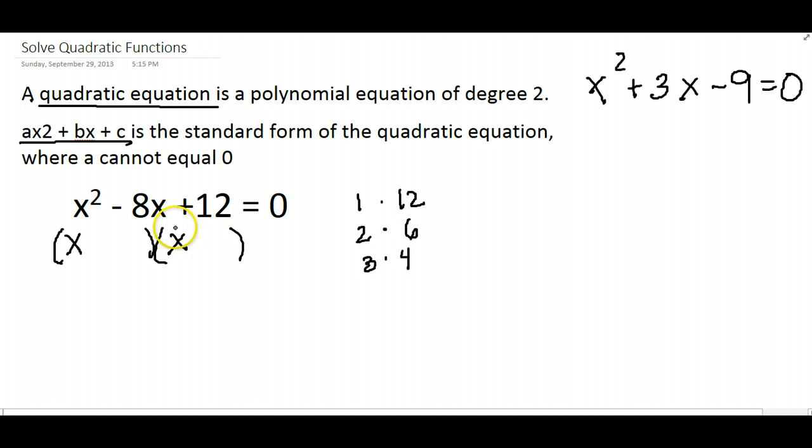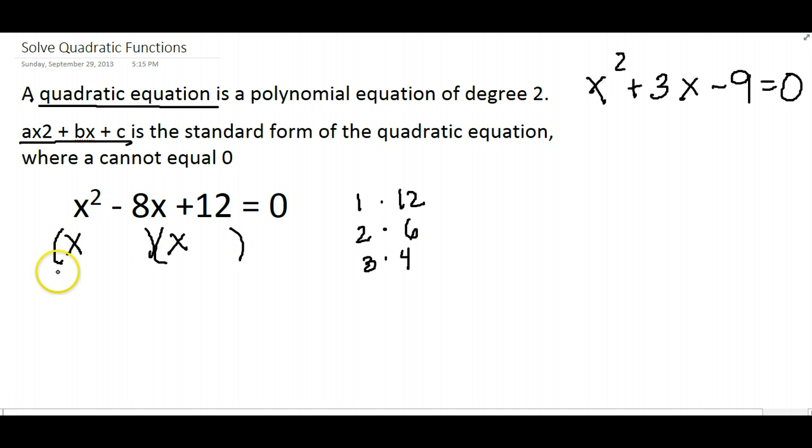We want our middle term to be a negative 8. Looking at these factor pairs, what pair will add up to get a negative 8 and a positive 12 when we FOIL it? Well, we have a 2 and a 6. If we add 2 and 6, that gives us 8.